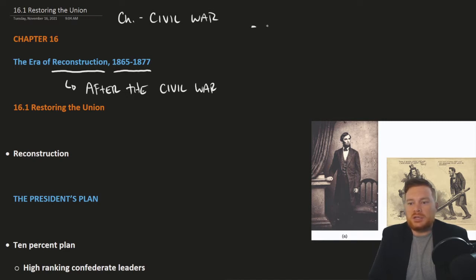It means, in some sense, the physical rebuilding of the country, especially for the South, in which the war was more destructive in terms of territory and infrastructure. But maybe more importantly, this is less about the actual physical rebuilding, but more about rebuilding the relationship between North and South.